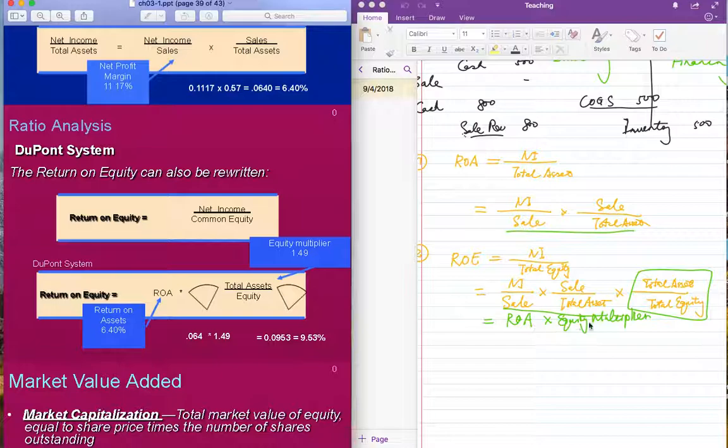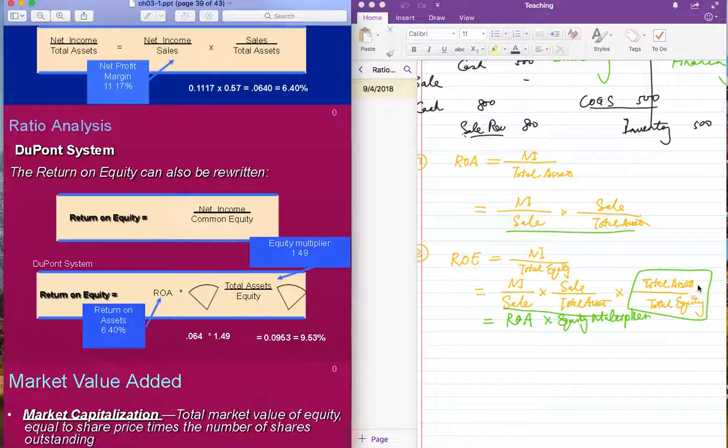And then they start to work on the equity multiplier. They can increase their equity multiplier by manipulating their leverage ratio, manipulating their capital structure. So how do they do that? If they want to increase this equity multiplier, they need to reduce the total equity, the bottom number. If they reduce total equity, since total assets are fixed, that means total debt needs to increase.